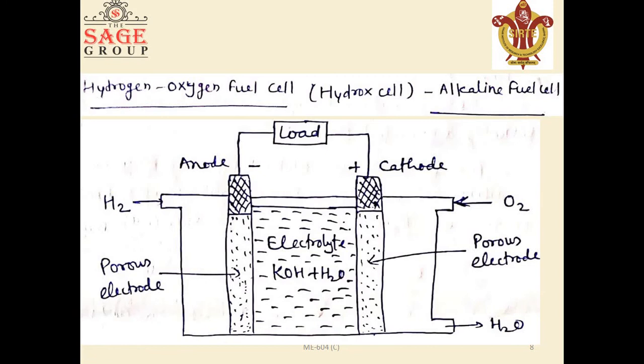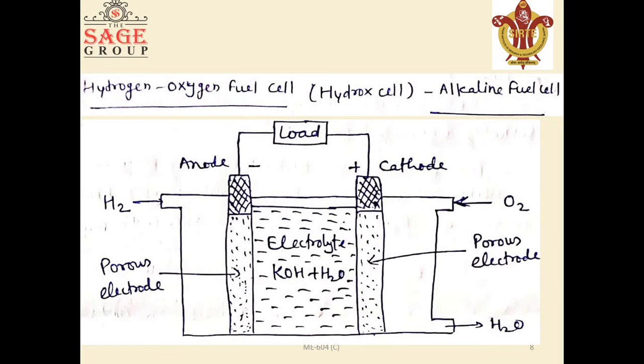In this, hydrogen and oxygen are used as fuel and oxidant respectively, as these elements are most reactive with least complications. The electrolyte is potassium hydroxide, KOH, which has high electrical conductivity and is less corrosive than acids.